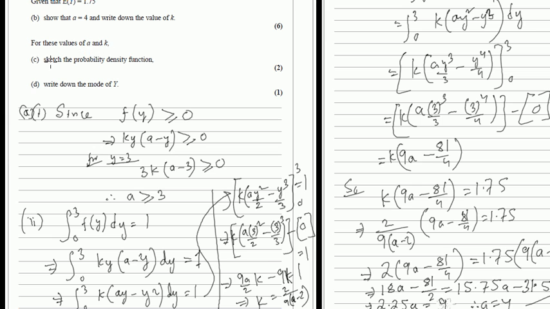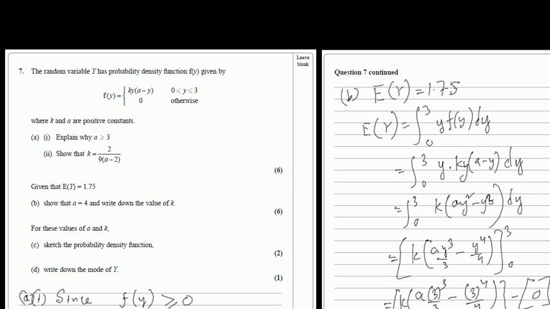So the next question is, for these values of a and k, sketch the probability density. So let's sketch. This is y, this is f(y), this is the origin, so this is 0 to 3, so this is 3. Let's put the value here. So f(y) is k equals 1/9, y, a is 4 minus y.